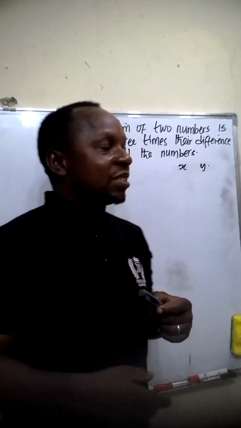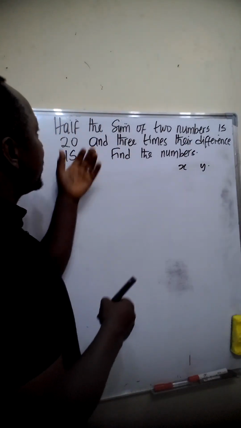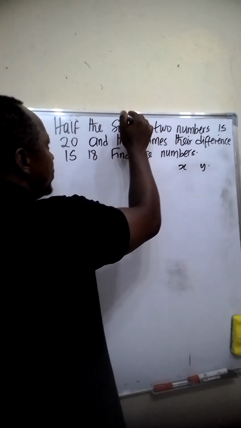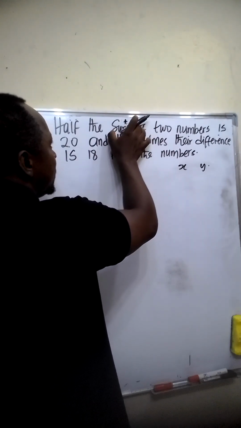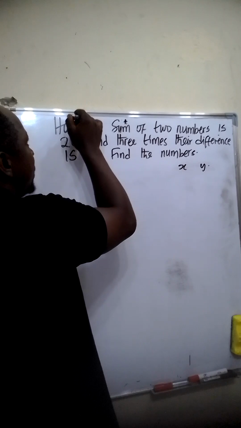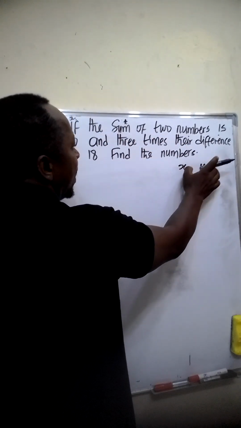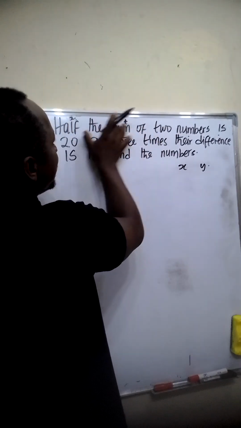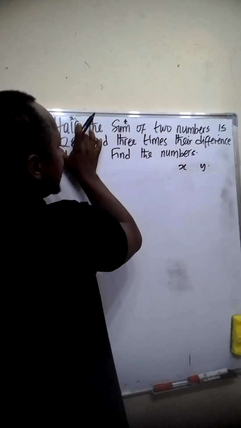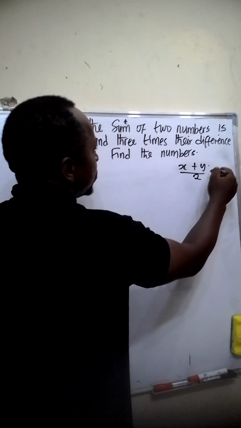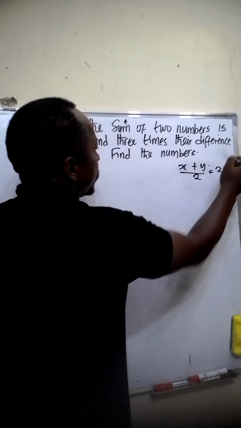From the first statement, we are told that half the sum of two numbers is 20. Sum means plus, that is addition. Half means divide by 2. Our numbers are x and y. It implies (x plus y) divided by 2 is equal to 20.